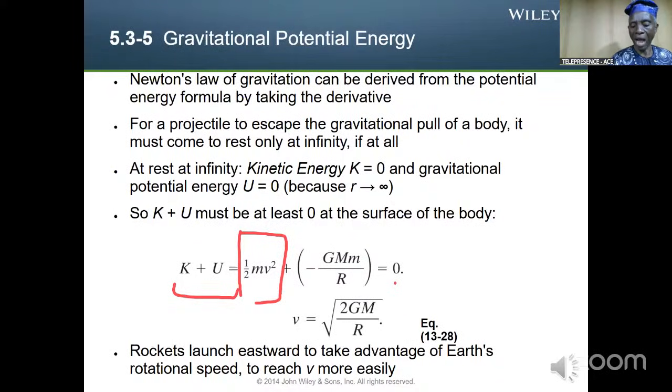If you solve for v, this is what you see, and that v is the escape velocity. Note that it does not depend on the mass of the particle you are throwing away. The mass of the rocket does not come into this equation. What matters is the G, gravitational constant, and the M, the big M for the Earth.